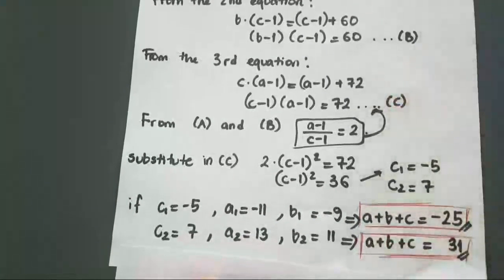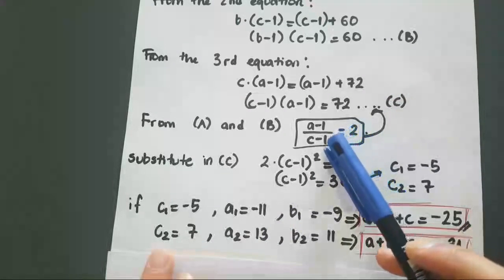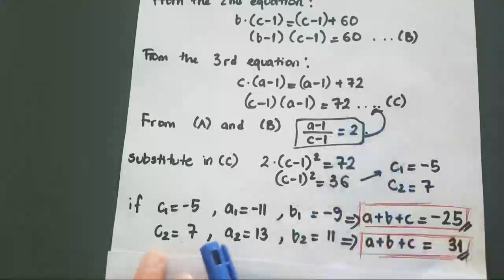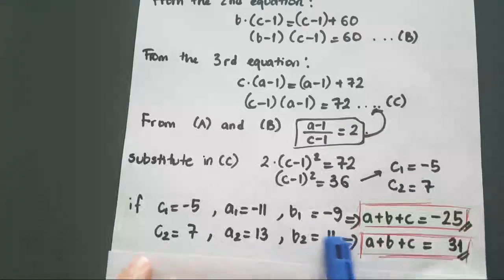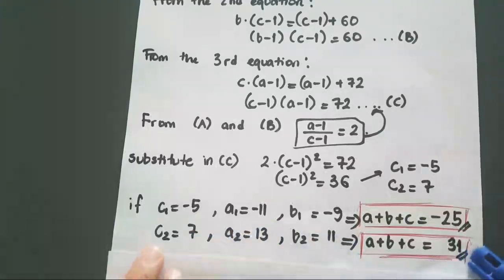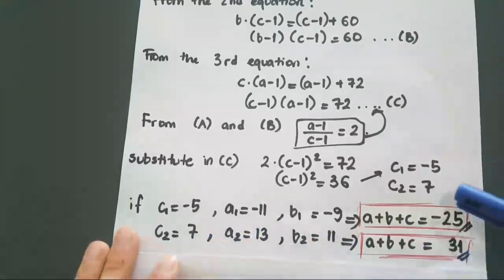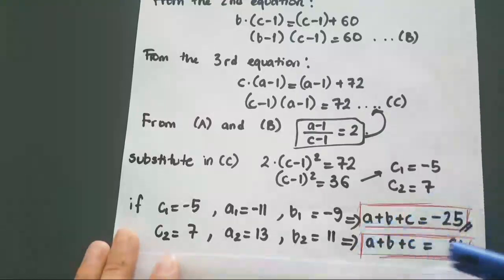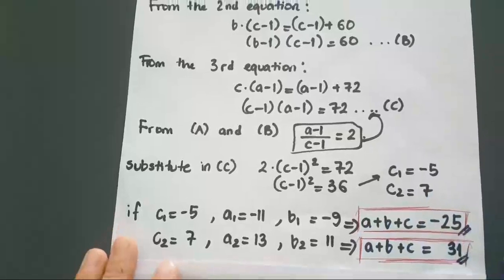And if C2 is 7, when you substitute in the equation, then A2 is going to be 13, and B2 is going to be 11, and the sum of the variables in the second case will be 31. So we have two solutions. The sum of A, B, C is negative 25, or the sum of them is 31.